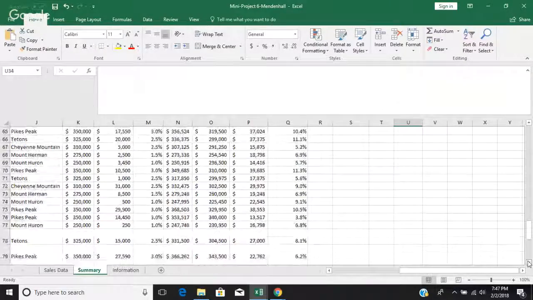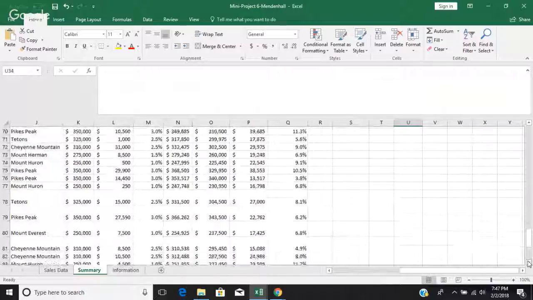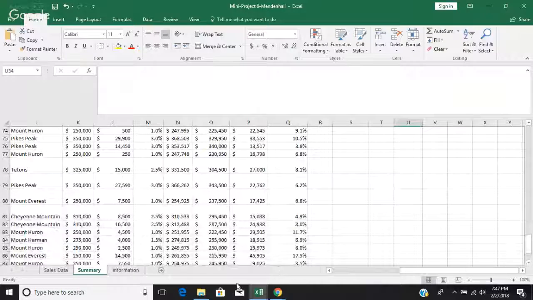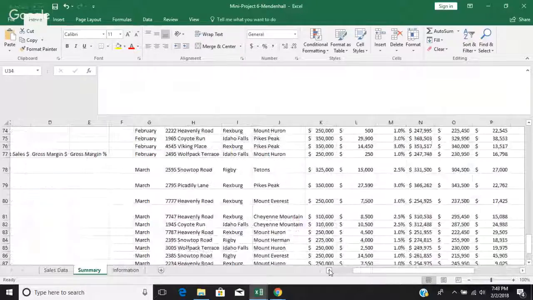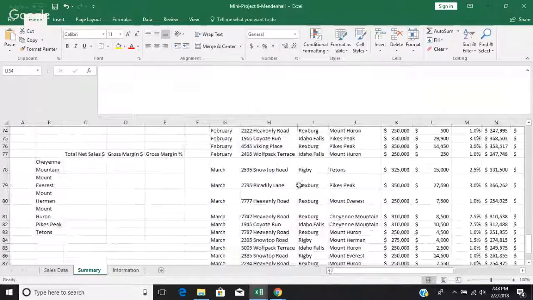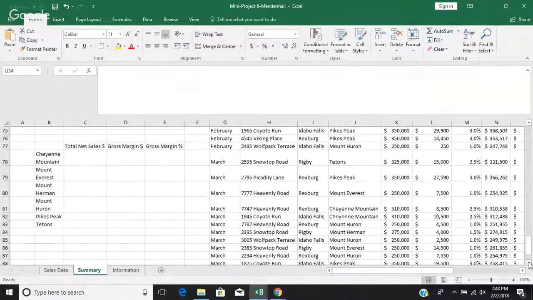What is it asking for? It wants us to do the total for each one of these communities. Okay, so I might just do the if statement again, just like I did above. Yeah, I mean, that would work.